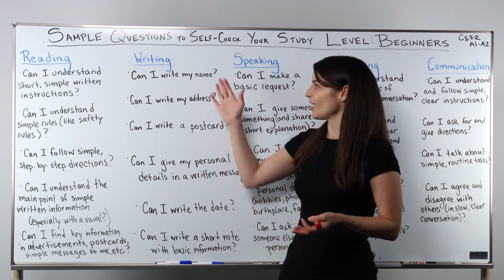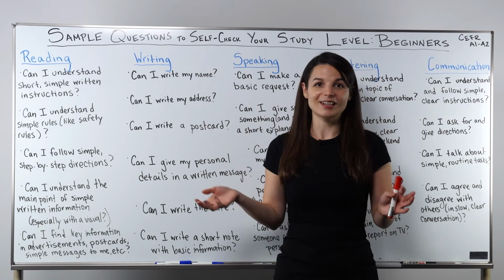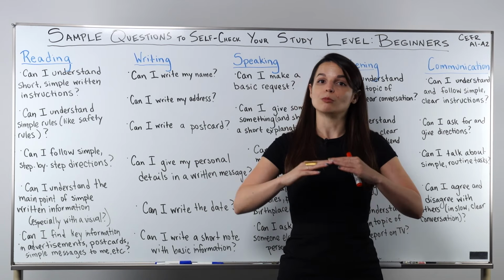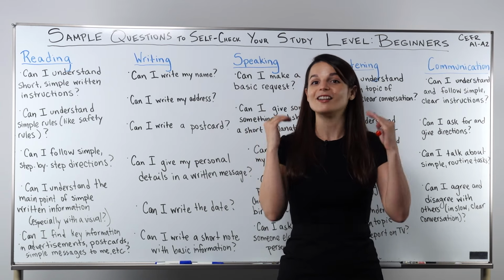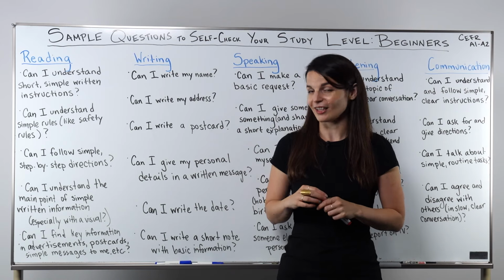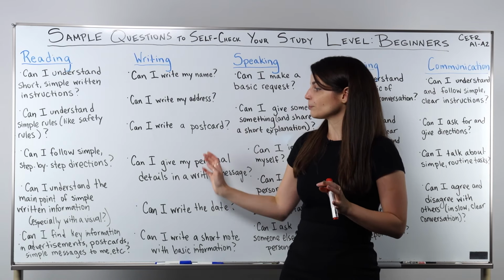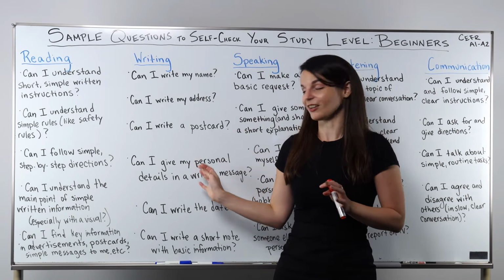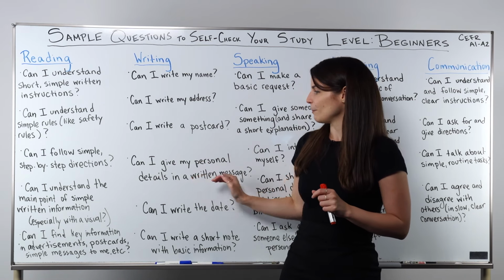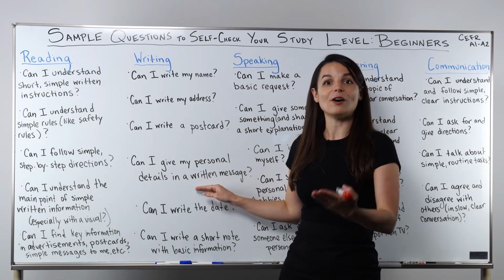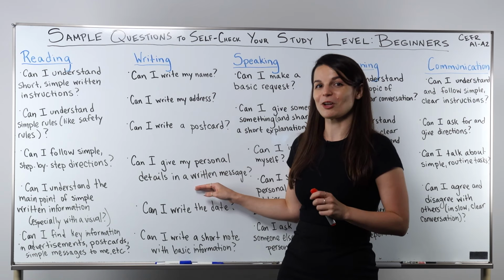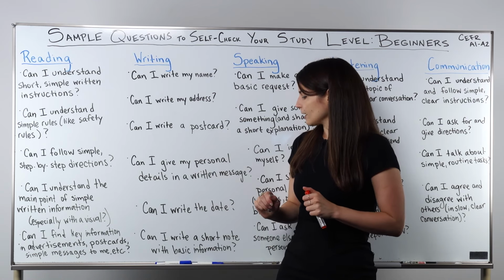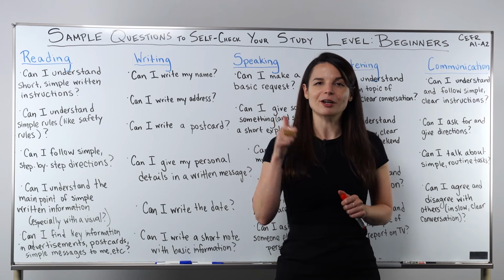Again, if you say yes, yes, yes, yes, yes to these questions, that's great. That means you should move to the next thing or to another thing to focus your energy. If the answer is no, okay, so maybe it's a little difficult right now. For example, maybe this one is difficult, giving all your personal details in a written message. But maybe, for example, you can write a short note a little bit.